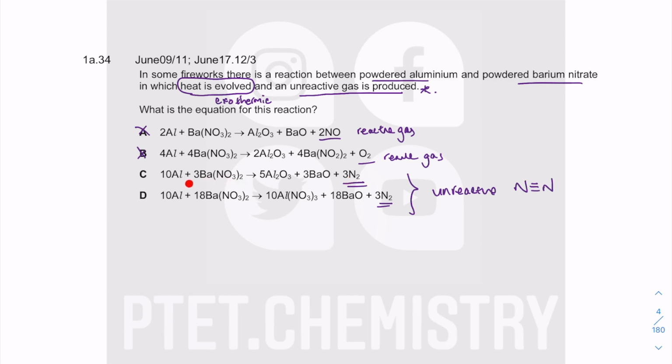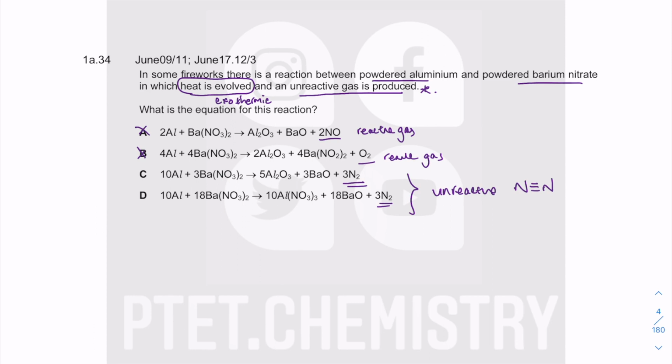Oxygen is 6 times 3 is 18, 5 times 3 is 15, plus 3 is 18. 10 aluminium, 10 aluminium. 18 times 2 give me 36 nitrogen, 3 nitrogen, 30 nitrogen, plus 6 nitrogen. So nitrogen is balanced.